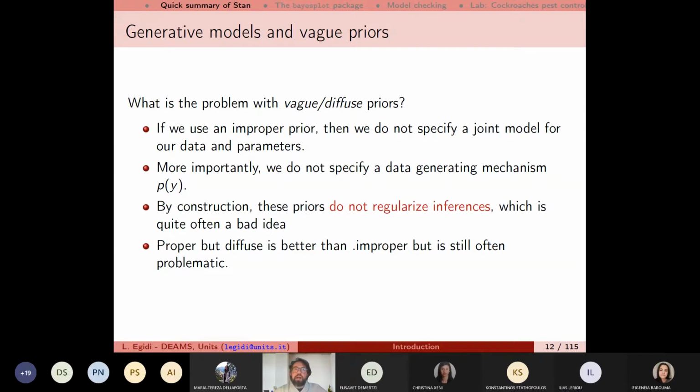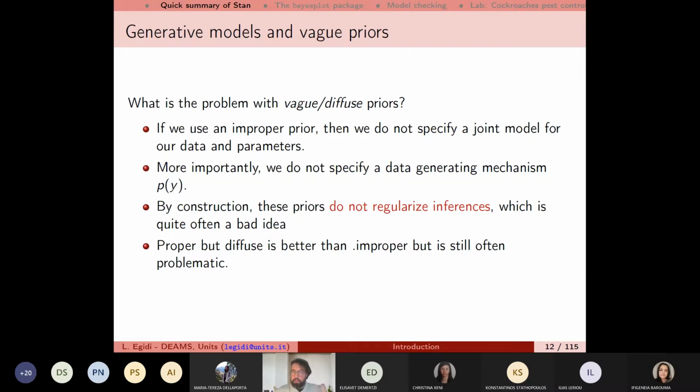Weakly informative priors are usually those priors that also, in some sense, regularize the inferences. Because, for instance, there are many cases, also in logistic regression, in which the use of non-informative priors can have very poor consequences in terms of inferential conclusions. So the logic of Stan is quite different from the logic of BUGS and JAGS, which use very diffuse priors with very, very high standard deviation.